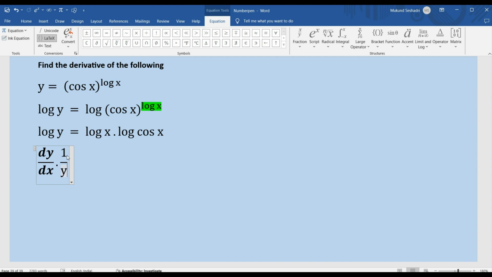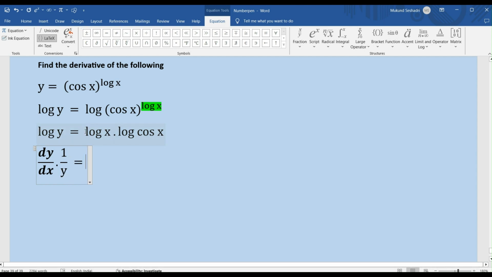So I get 1 by y, and then into the differentiation of the inner function with respect to x. So I get 1 by y times dy by dx, right? So this is what I have on the LHS.